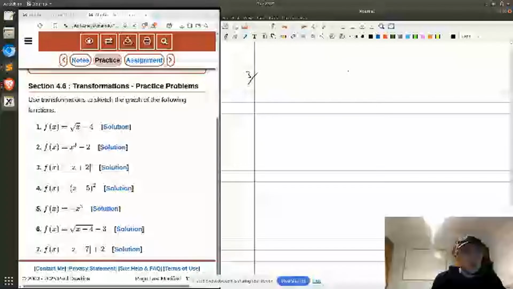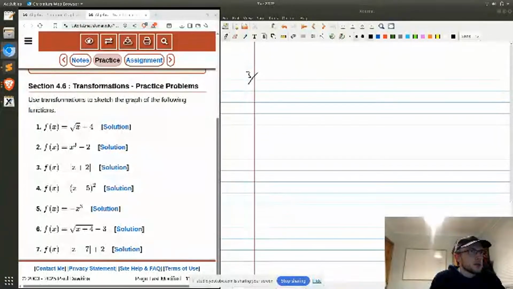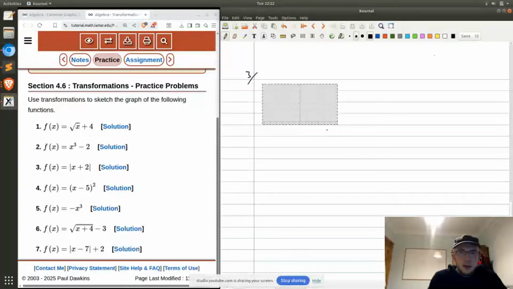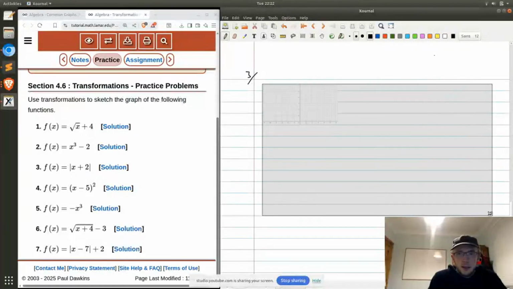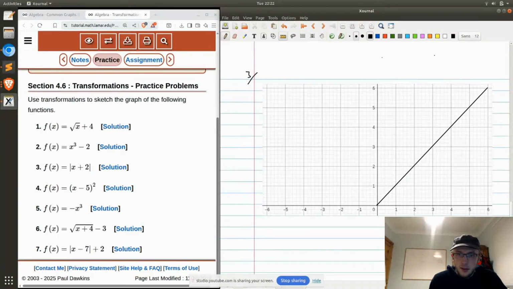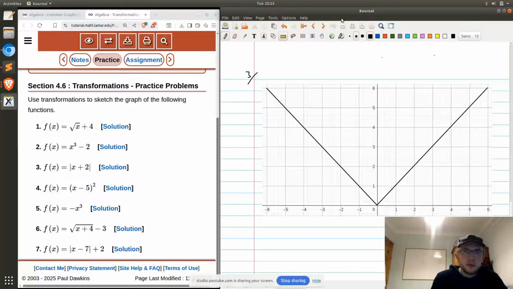So just plain old the absolute value function, the regular old absolute value function, kind of looks sort of like a V. Like a V with, like that. That's just the plain old regular absolute value function.